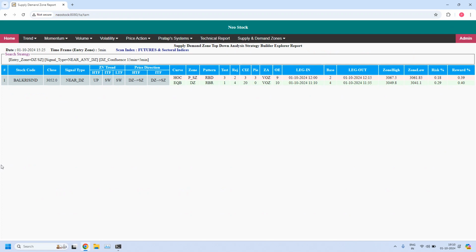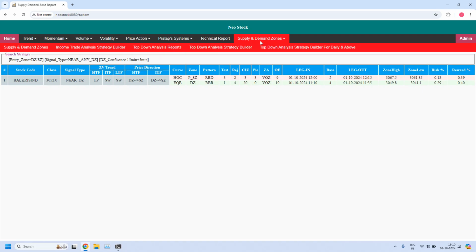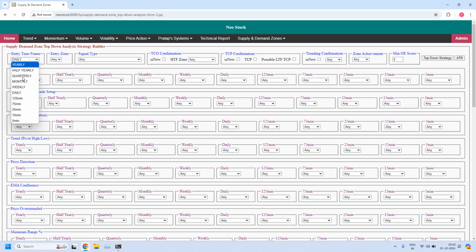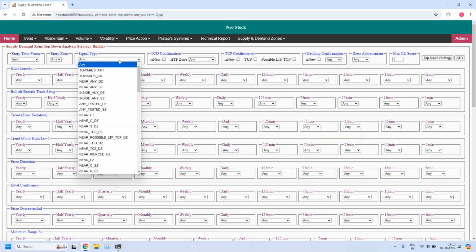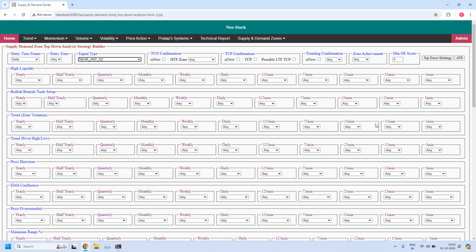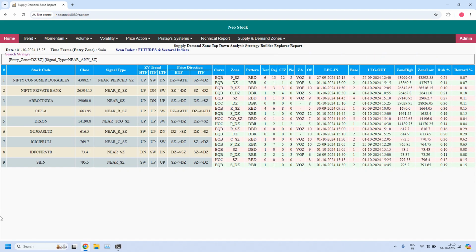Okay, next let us verify for the 5 minutes time frame. Let's find the stocks near the 5 minute supply zone. 9 stocks are filtered. Let's verify how many of these 5 minute zones are part of the 15 minute supply zone.